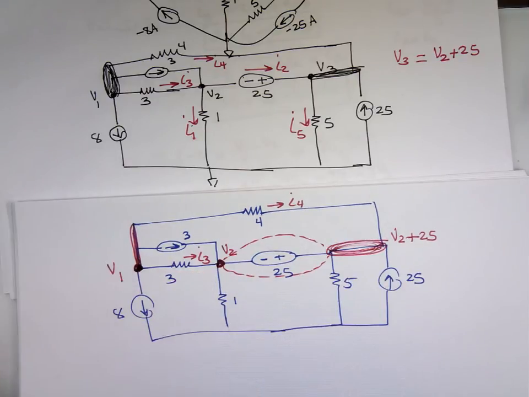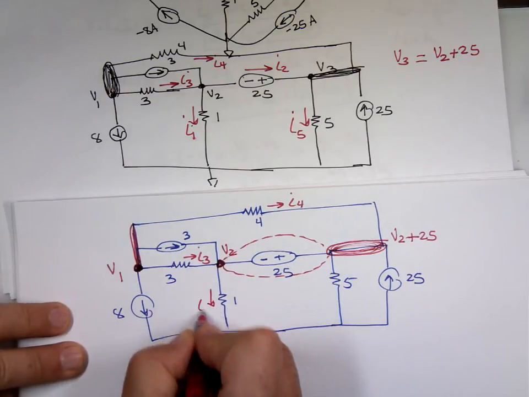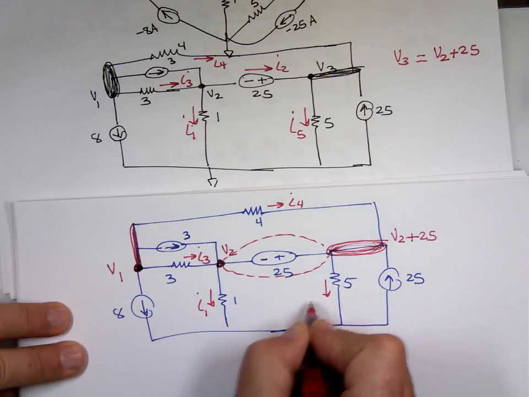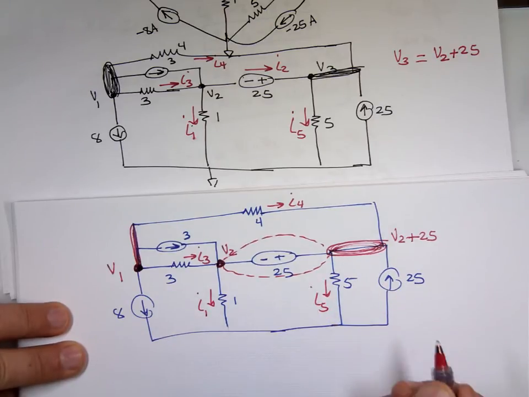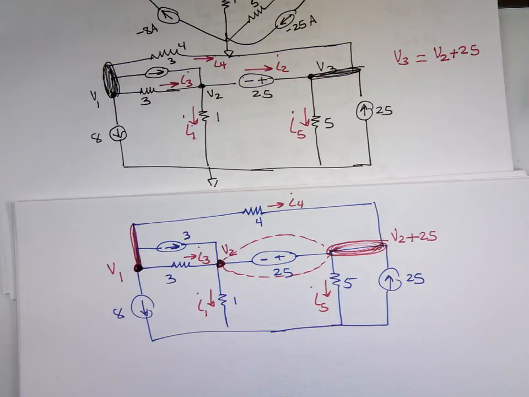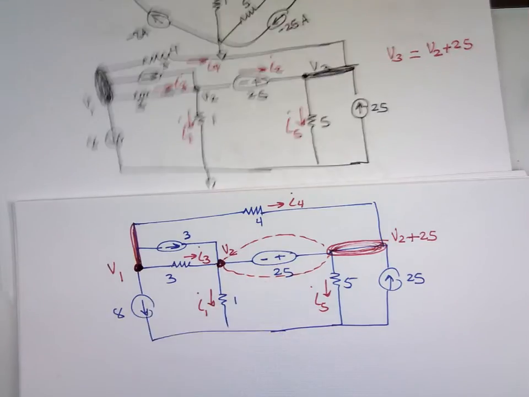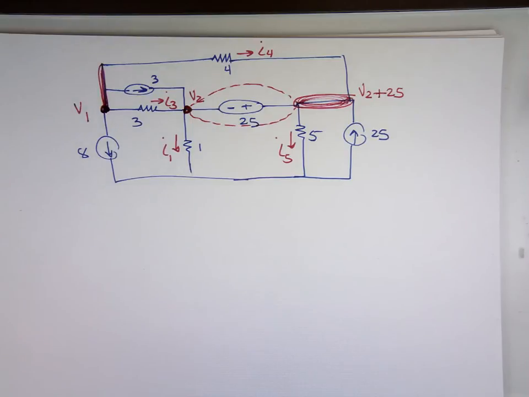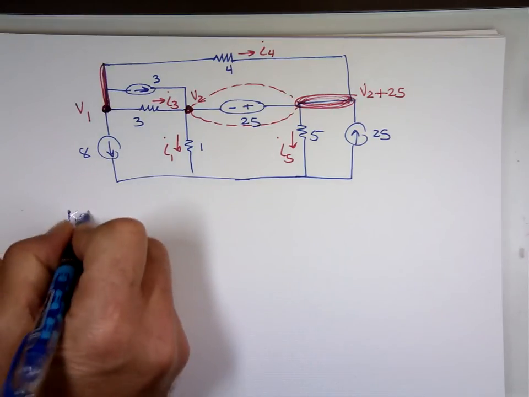So this was I sub 1. This was I sub 5. Anything else? Did I leave anything out? That's it, right? So we look at the voltage source, that's a supernode. KCL at V1, node V1.